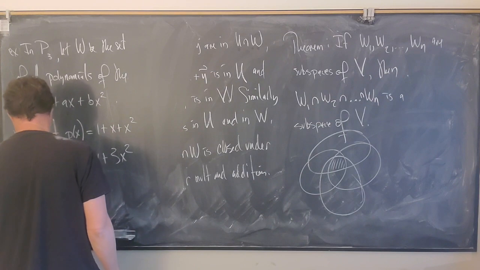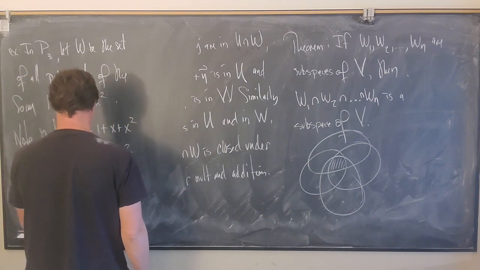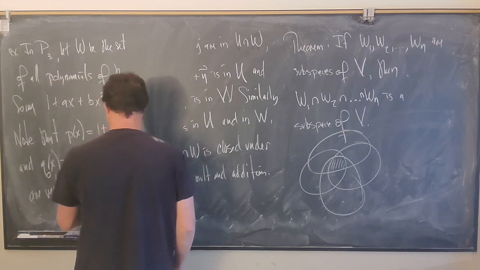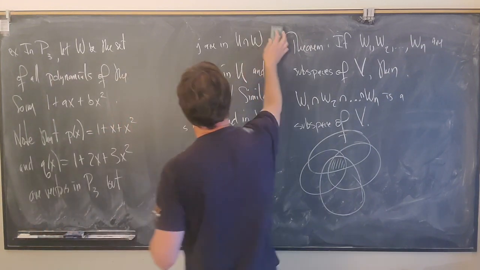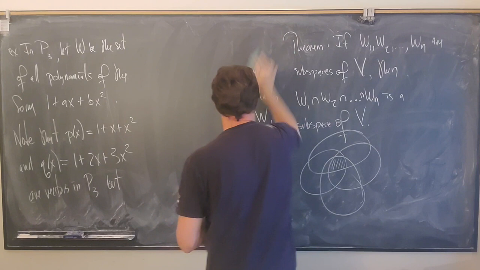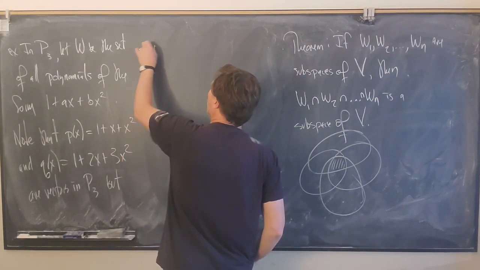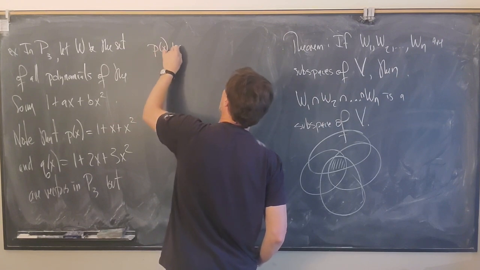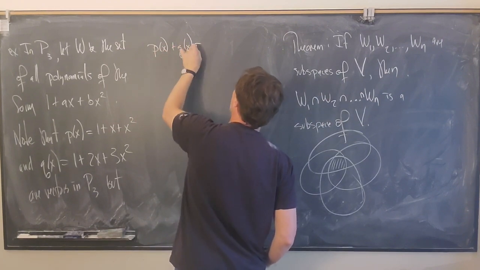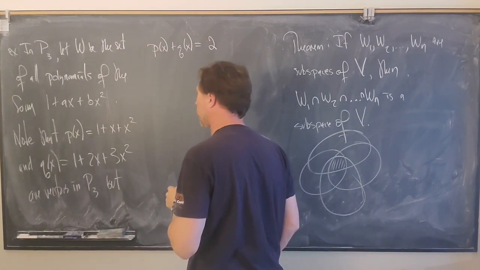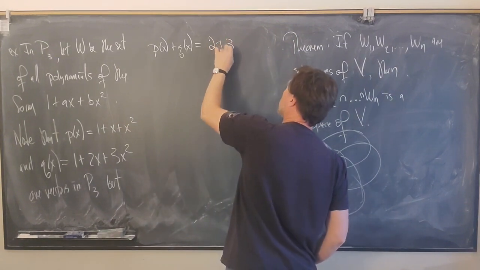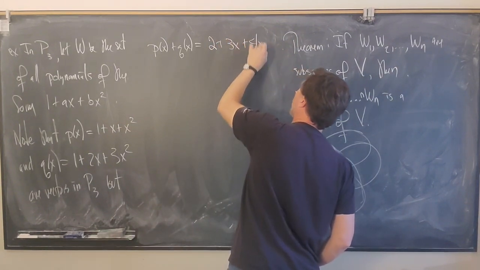So these are vectors in P3, but what happens if we add them? P of x plus q of x, well, that's going to be 2 plus 3x plus 4x squared.